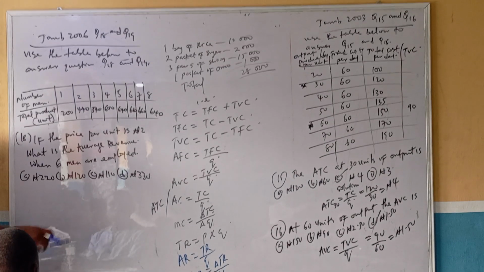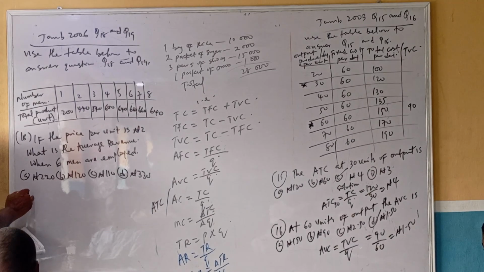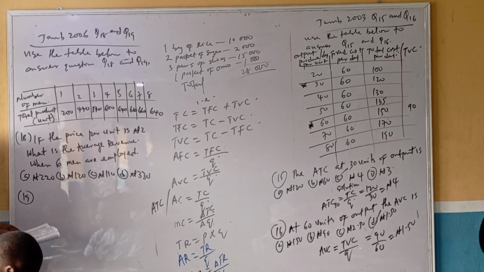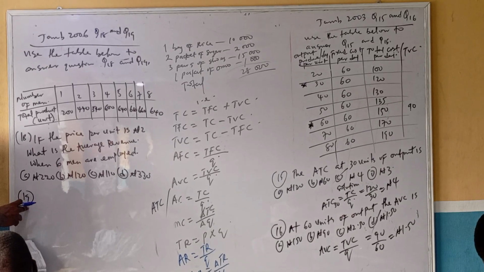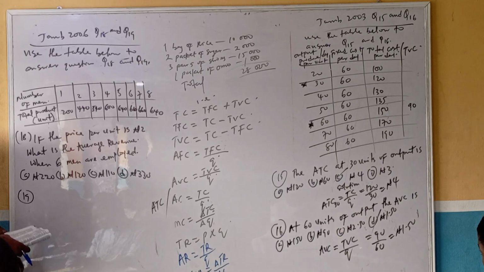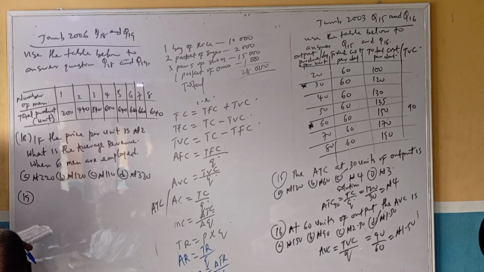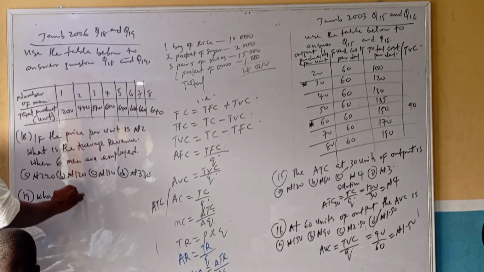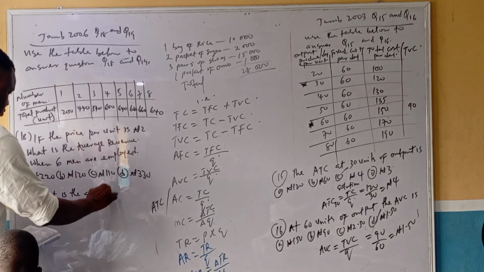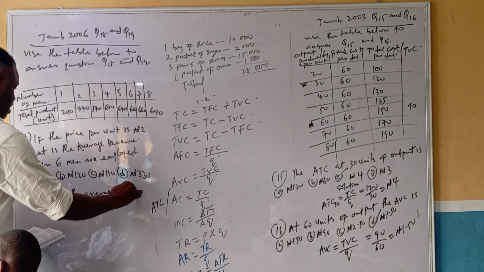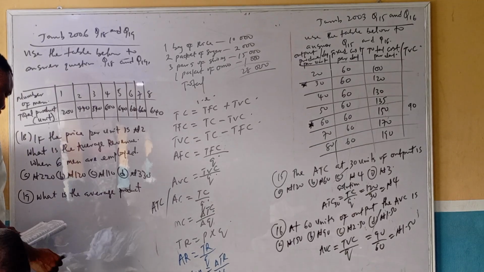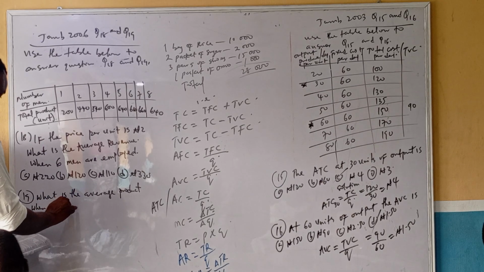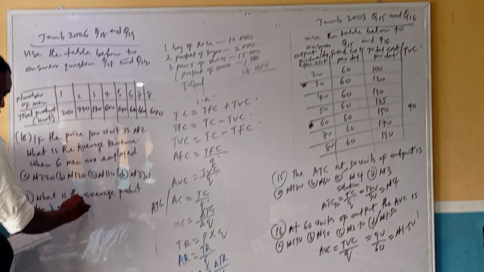Question 19. Let me just write that one so that we solve the two at the same time. You can leave space before you write so that I can write the solution there. Question 19: what is the average product when 3 men are employed?